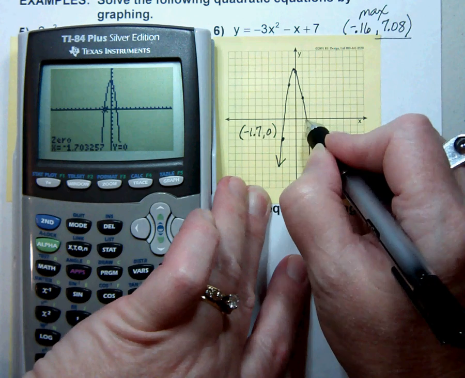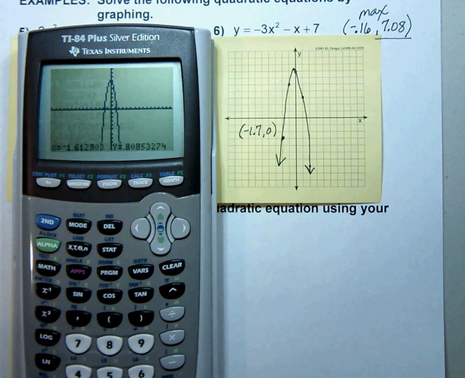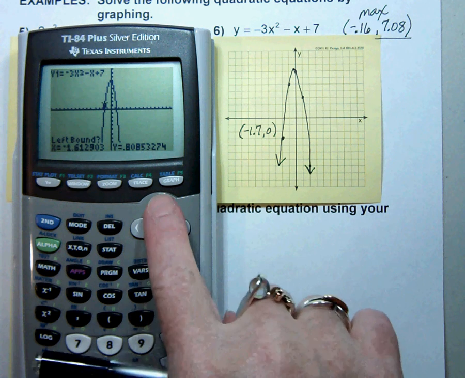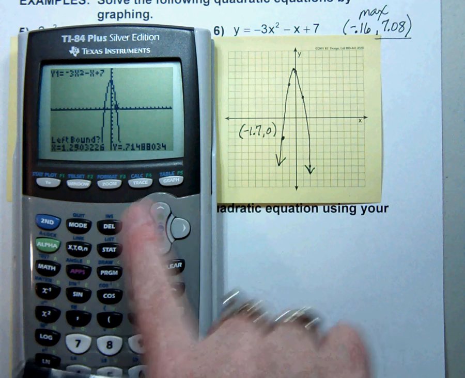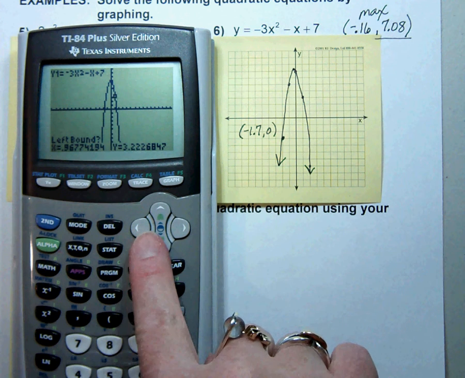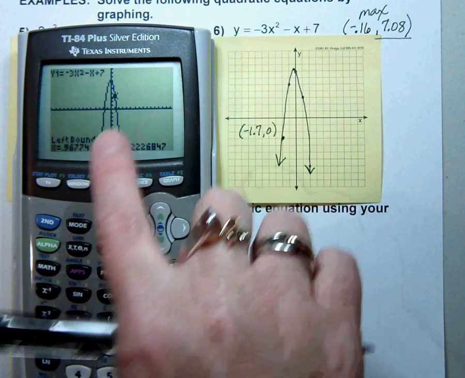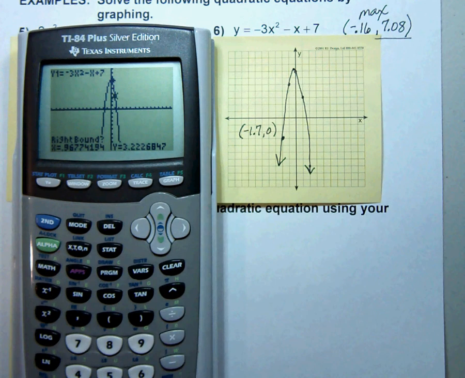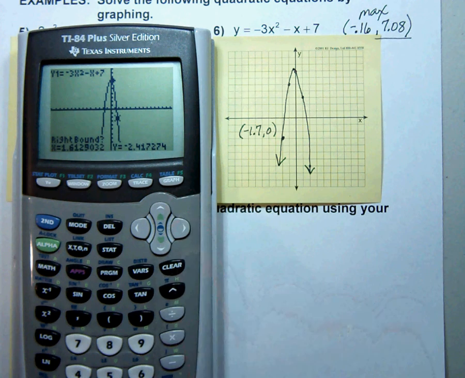Now let's try the other side. You still go back to second trace, number 2. This time the left side I'm going to move and be a little bit above, well, let me go a little bit more. If you're above the x-axis but you're blinking on this side, you're on the left side. The right side, I'm going to need to move my little cursor down below the x-axis.